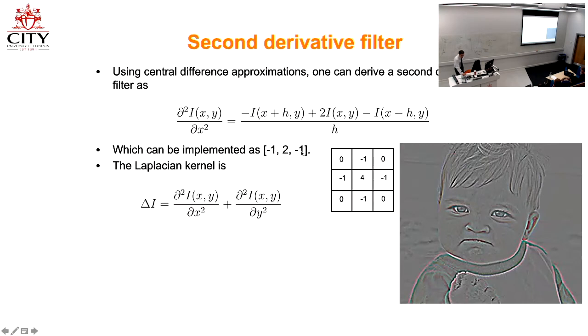And if you have this over the x dimension, and you have this over the y dimension, the transpose of it, and add these two together, you come up with this: 0, minus 1, 0, minus 1, 4, minus 1, 0, minus 1, and 0. So if you run this kernel on your image, you see the edges.